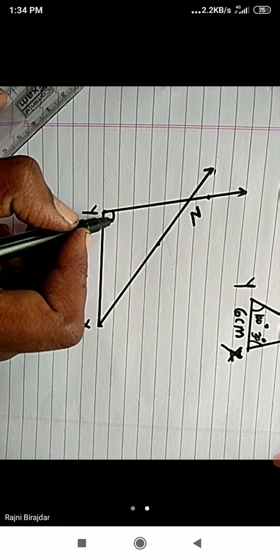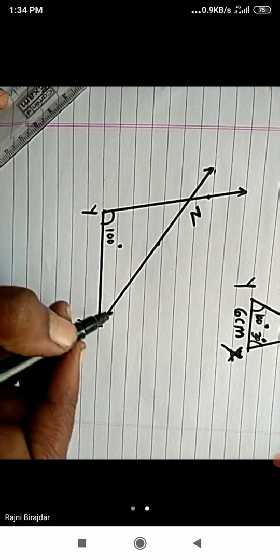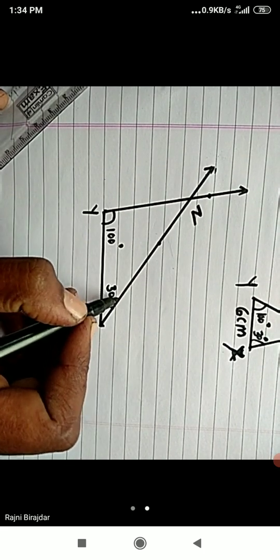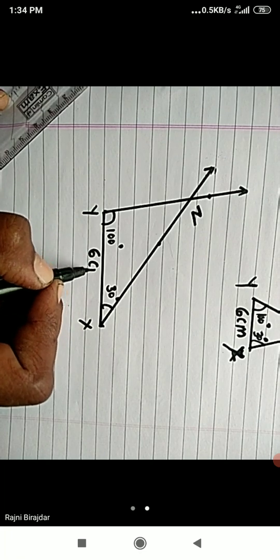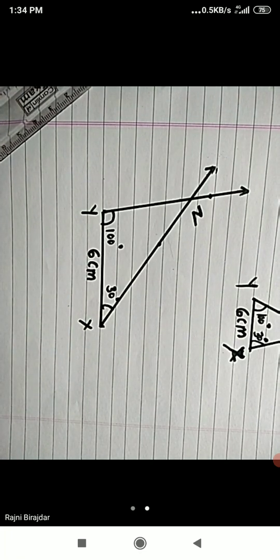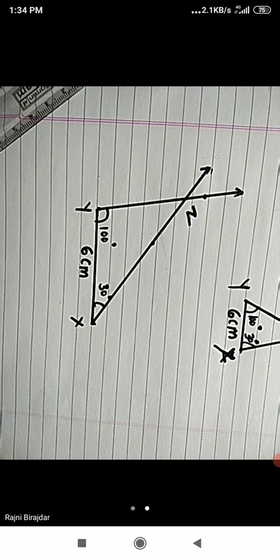So this is the 100-degree angle, this is the 30-degree angle, and this line segment is 6 centimeters. So like this you have to construct the triangle when two angles and one side are given.